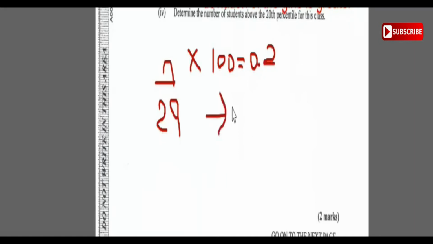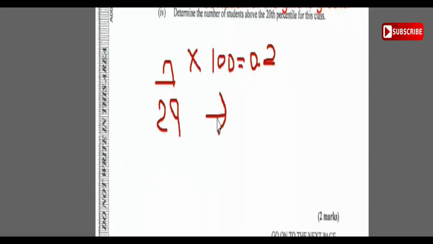Out of the 29, when you multiply it by 100, what's going to give you 0.2? This is 20th percentile, 0.2. So let's put this as n. Solving for n, we first divide by 100, so 0.2 divided by 100.